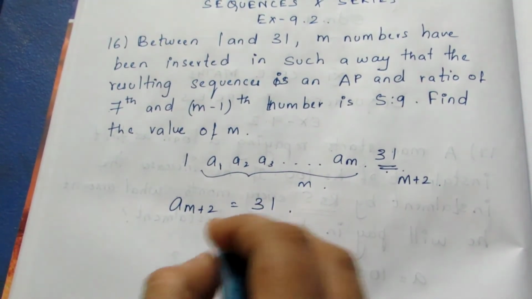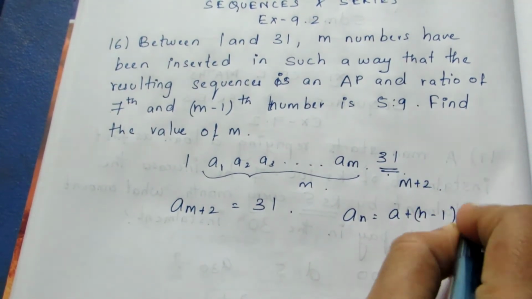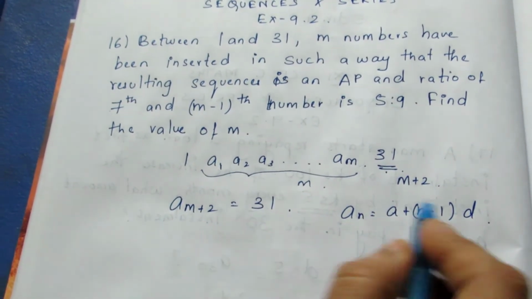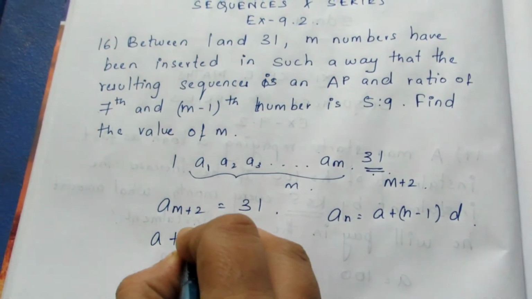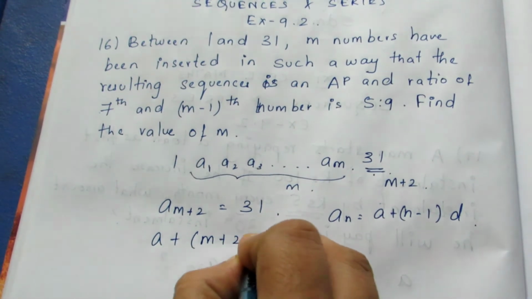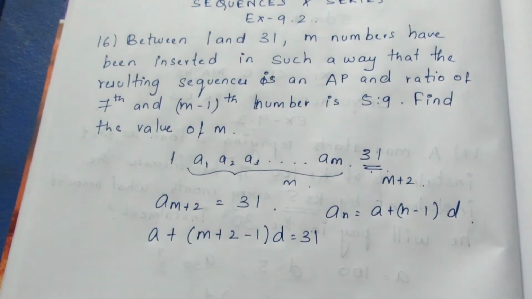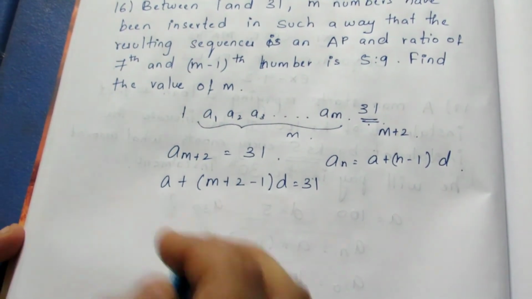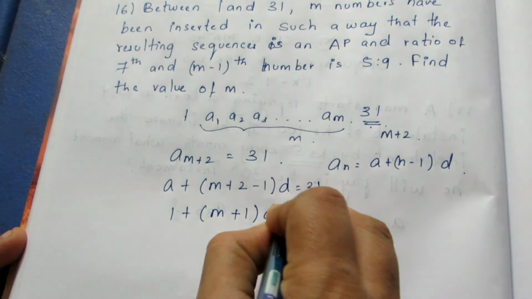Now we know the an formula: an equals a plus n minus 1 into d. We are going to apply the formula here. Instead of n, we have m plus 2. So a plus m plus 2 minus 1 into d is equal to 31. We know the a value is 1. Substitute it here: 1 plus m plus 1 into d equals 31.